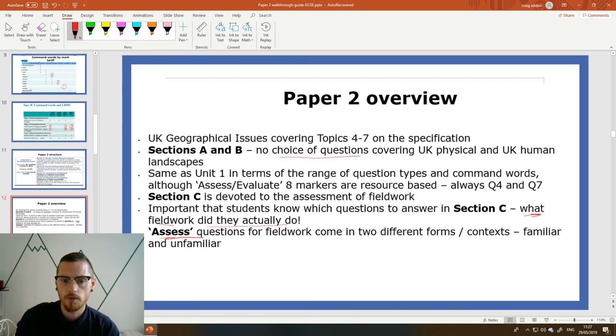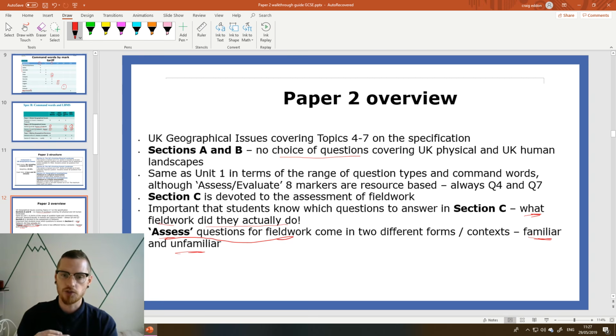Lastly, to point out is that on the fieldwork, you're going to get 2 8 markers, and they're going to be looking at what they refer to as familiar and unfamiliar. So there's 2 types of assessed questions here. One will be a familiar, and familiar means it's about the fieldwork you did.